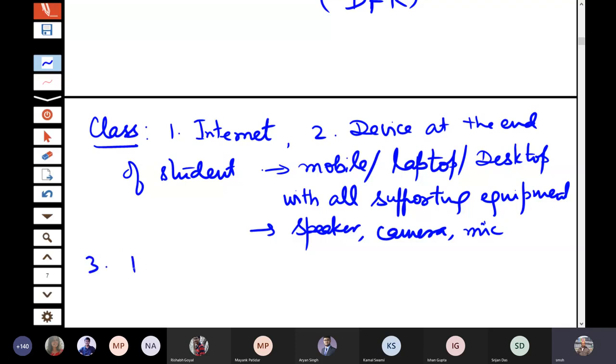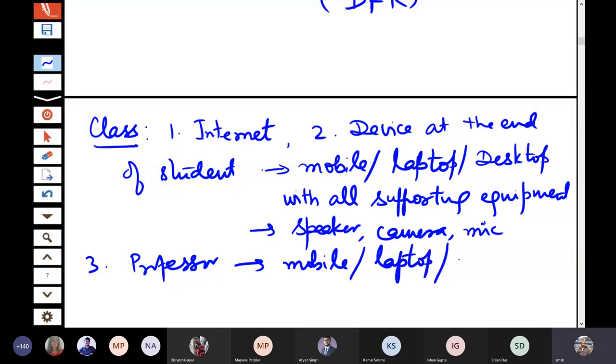Then for the professor also you need all these things. And here even more is required because I have to deliver.